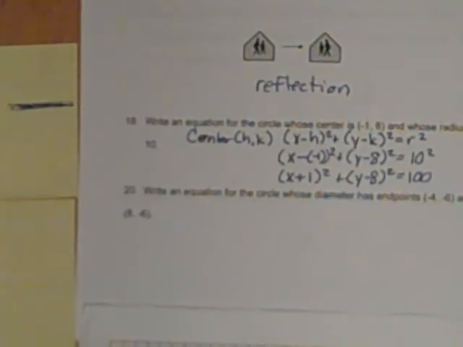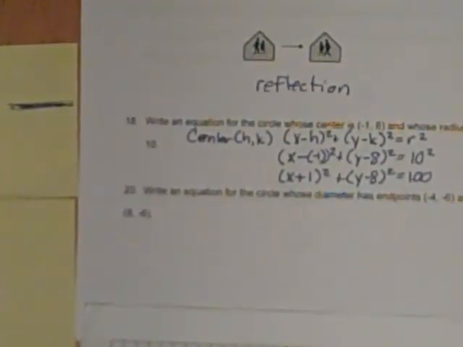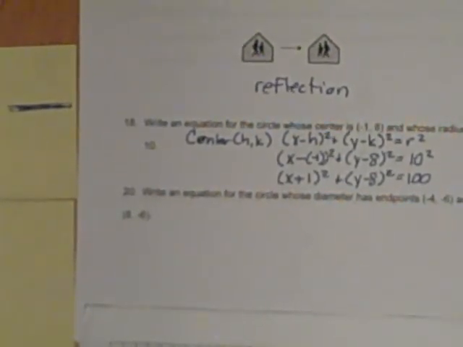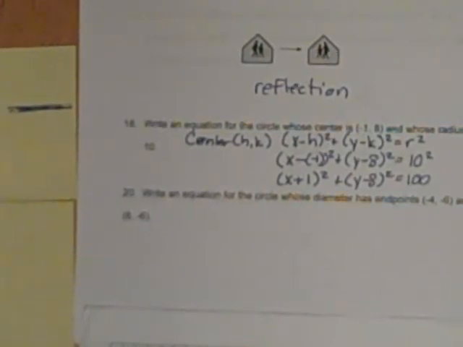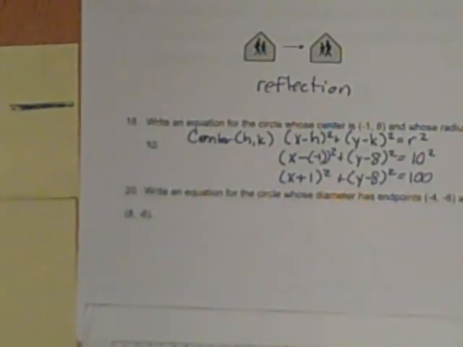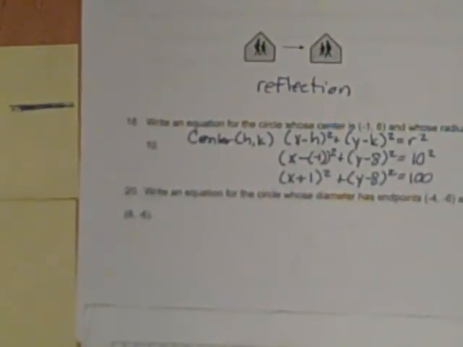Okay, now we need to find the center and the radius. So if this is the diameter, we know it's going from -4 to 0 is 4 spaces, and then 8 more is 12, so we're going to go over 6. So our center is going to be right here. The center would be at (2, -6).